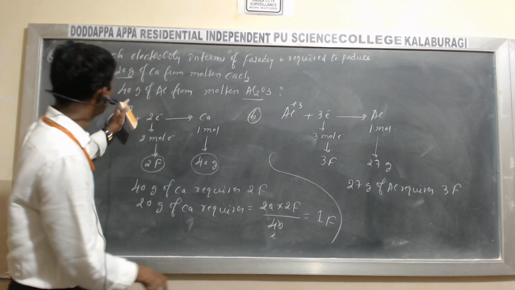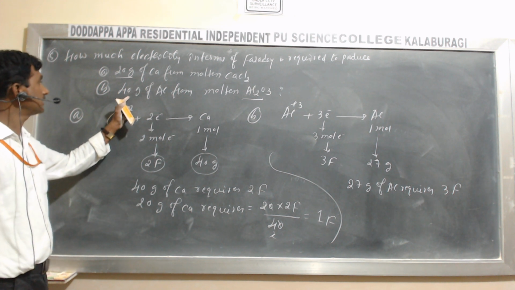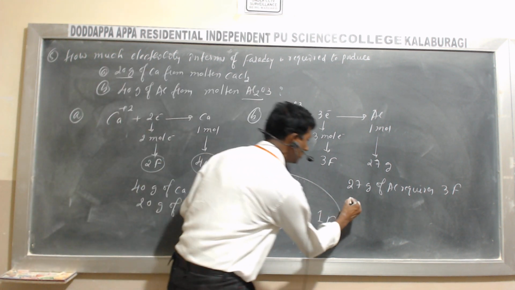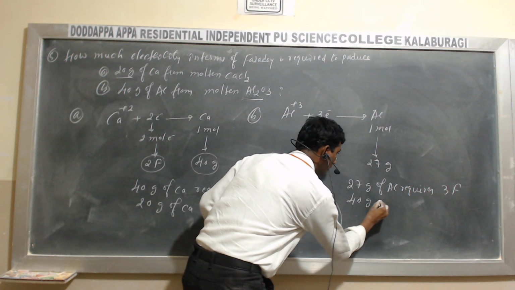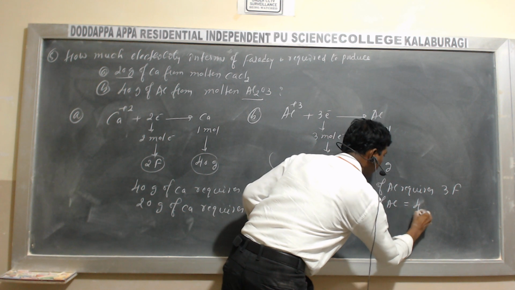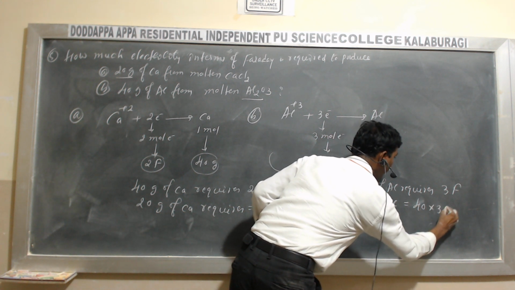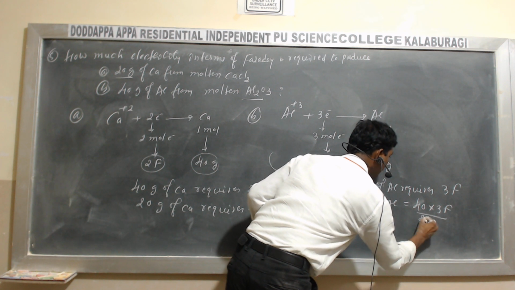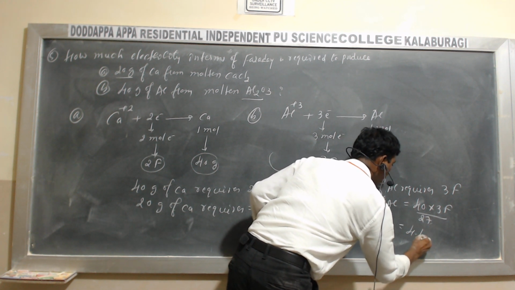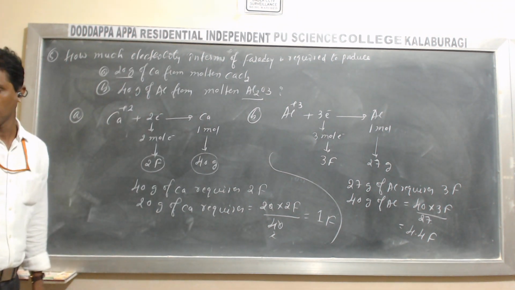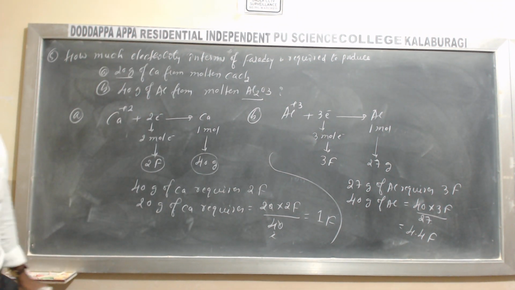But the question is how much electricity is required for the deposition of 40 grams of aluminium. So 40 grams of aluminium requires 40 into 3 Faraday divided by 27, and we can get 4.4 Faraday. Okay? Yes.